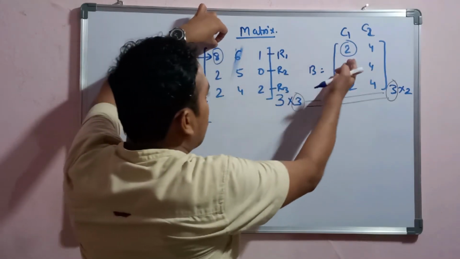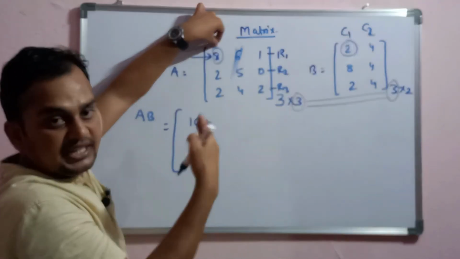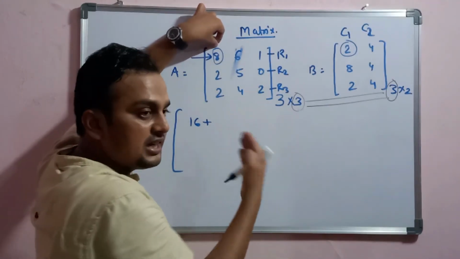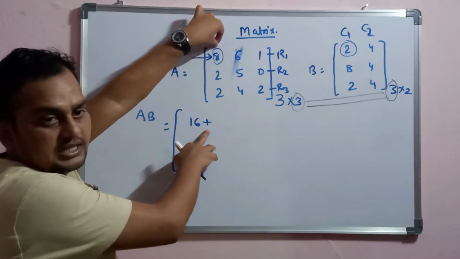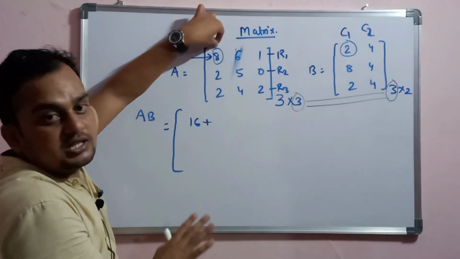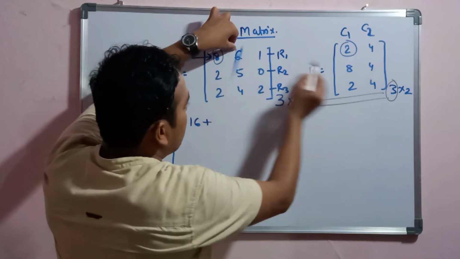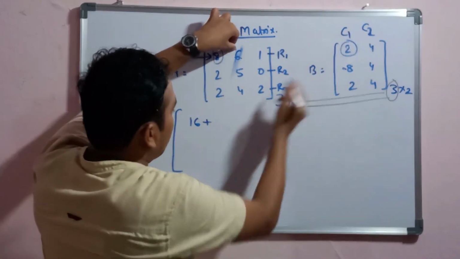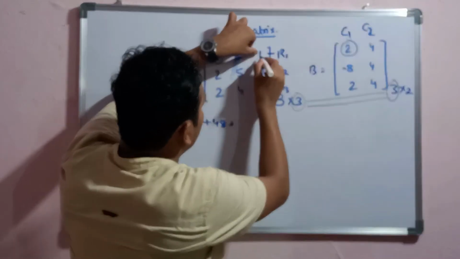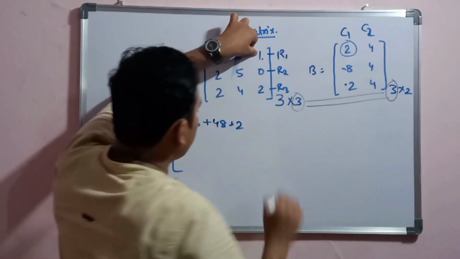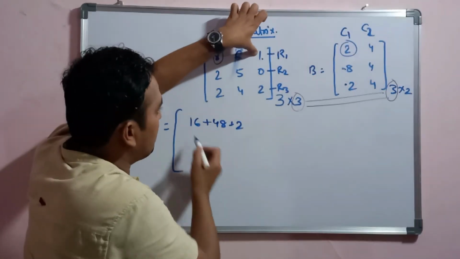If after multiplying somewhere we get a negative sign, then we will put a negative sign, but initially we have to assume positive, right? So 8 into 2, 16, plus 6 into 8, 48, again plus 1 into 2, right? So this will be the first element.